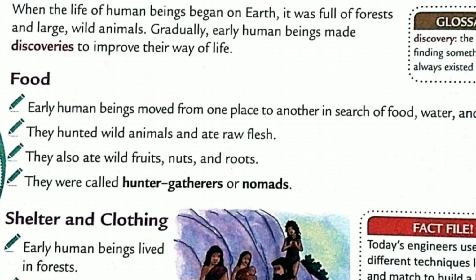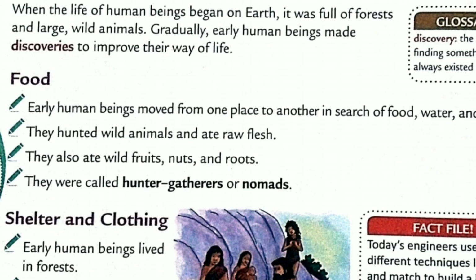In this lesson, first we understand early human food. They searched for food from one place to another, so they were wandering people, and they hunted wild animals.